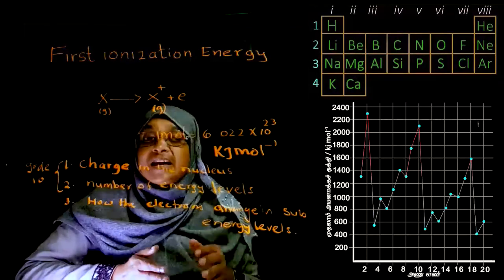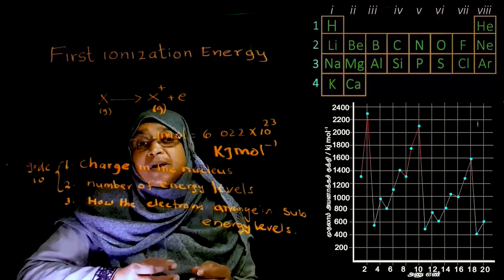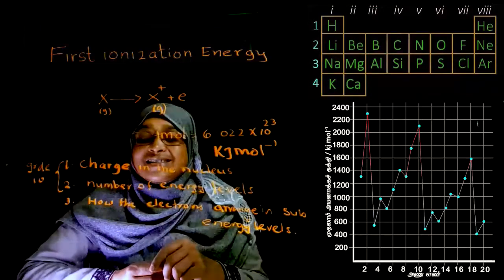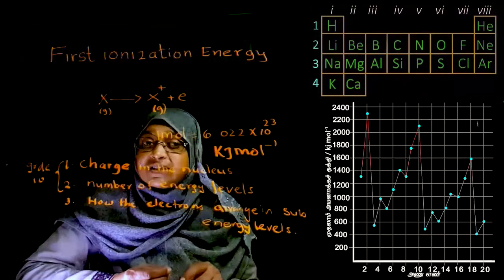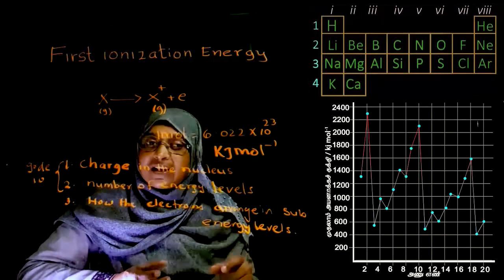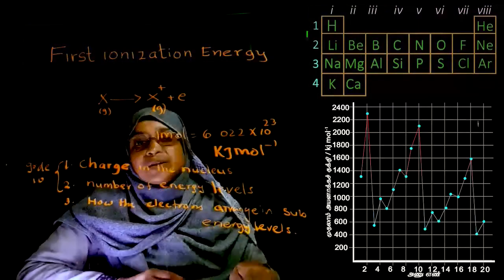Then the energy needed to supply against the nucleus decreases. So the first ionization energy decreases down the group.